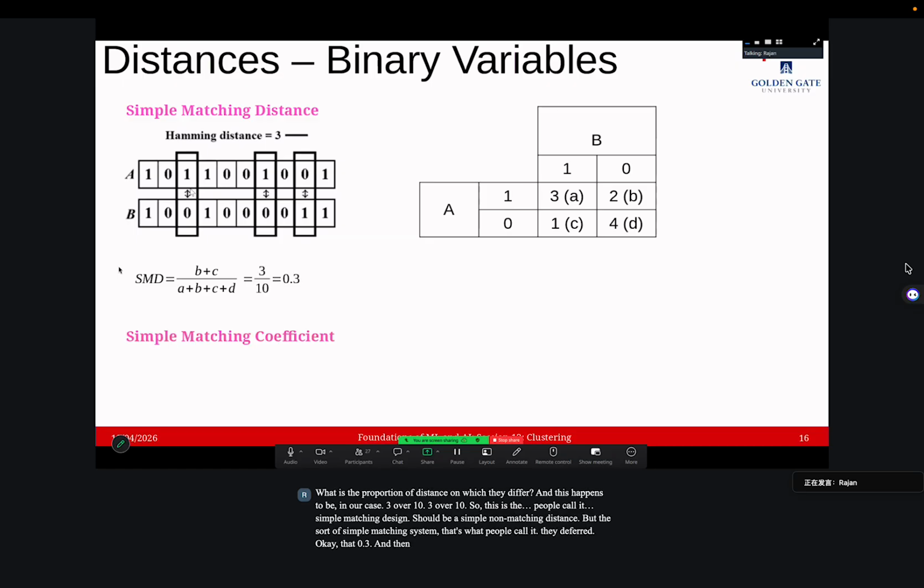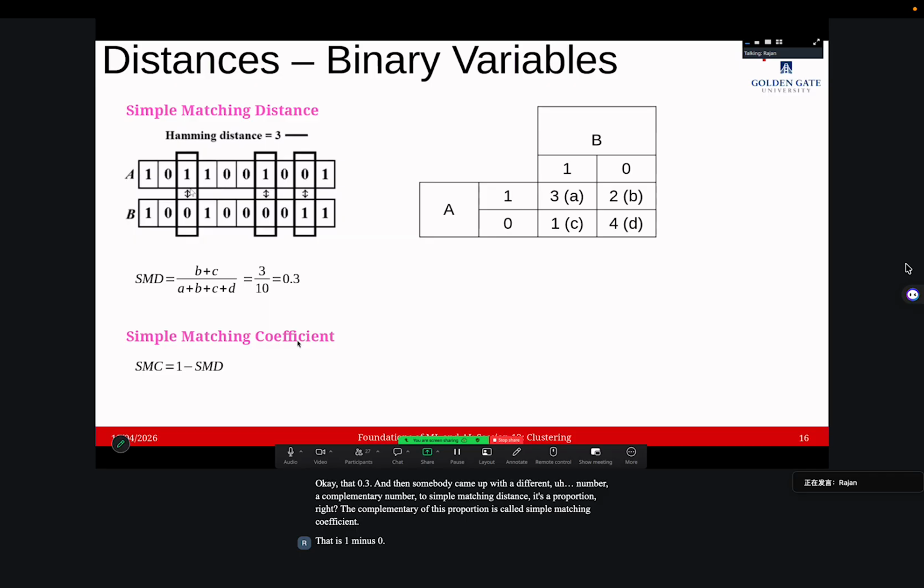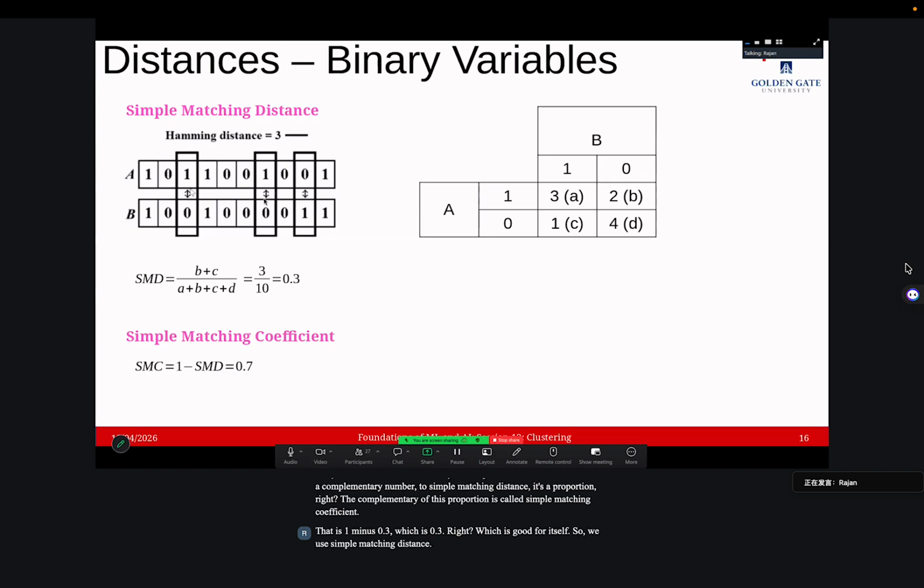And then somebody came up with a complementary number to simple matching distance. It's a proportion, right? The complement of this proportion is called the simple matching coefficient. That is 1 minus 0.3, which is 0.7. So instead of using the Hamming distance directly, we could go ahead and use simple matching distance.